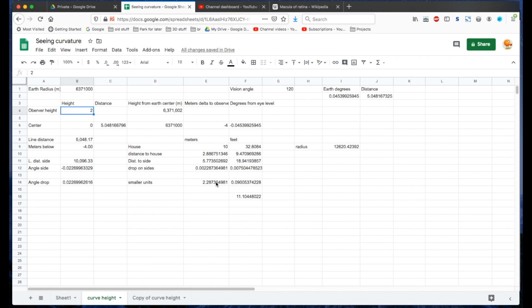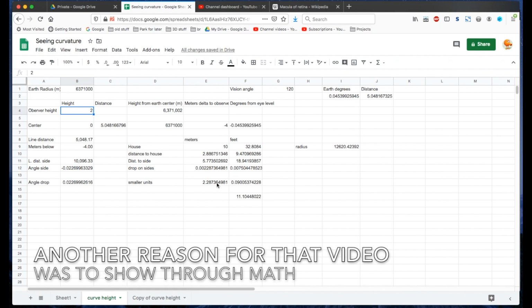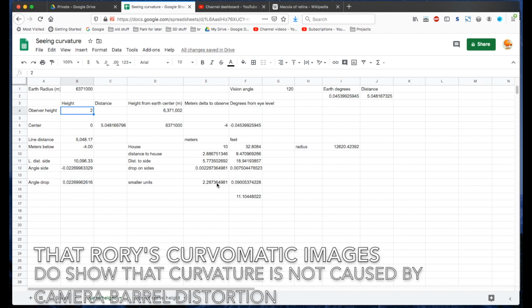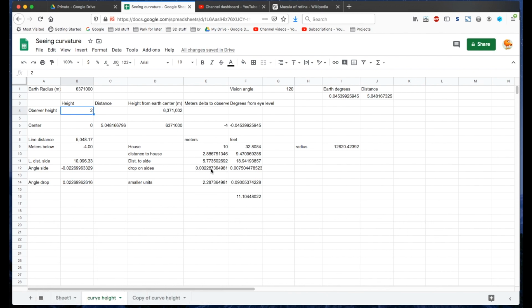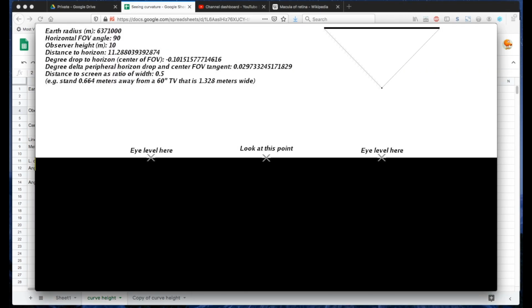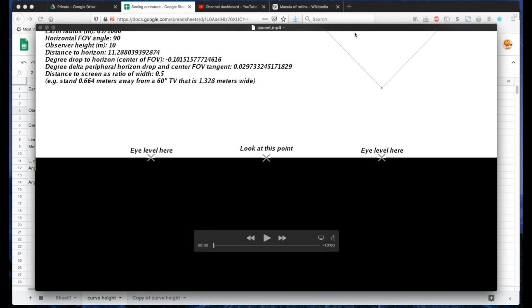I was hoping that if you could see the size in millimeters that the line would curve by, superimposed on the side of your house, you'd see just how difficult it would be to see the curvature of the Earth. And this is clearly not a straight line, because if it was a straight line, this angle drop would be zero, the drop in meters would be zero, the drop in millimeters would be zero.